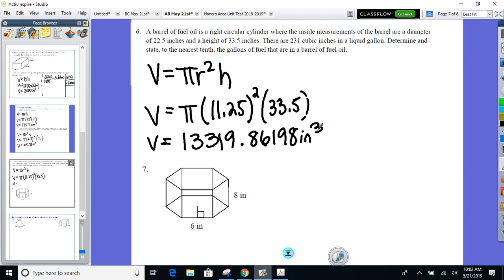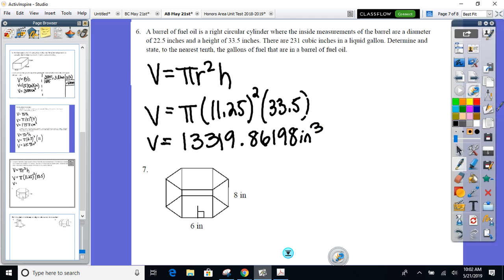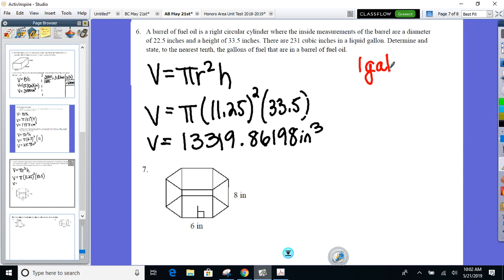And we are told that for every 231 cubic inches is 1 gallon. How many gallons do I have? And I know people get all freaked out. Do I multiply or divide? Set up a proportion. 1 gallon, how many cubic inches in 1 gallon? 231 cubic inches.